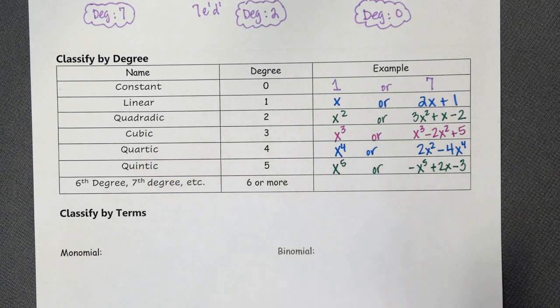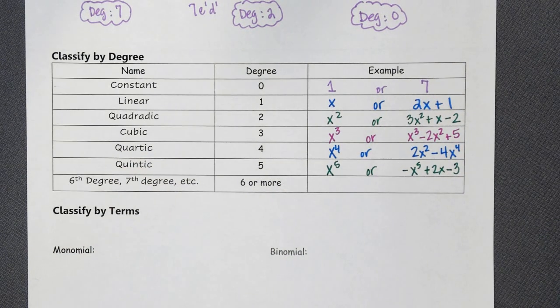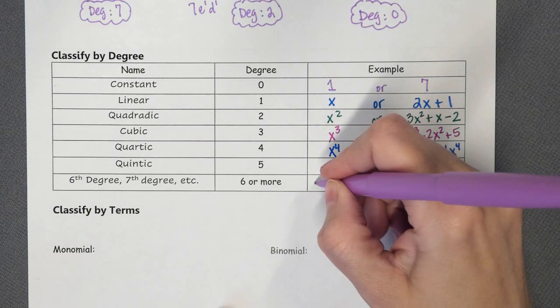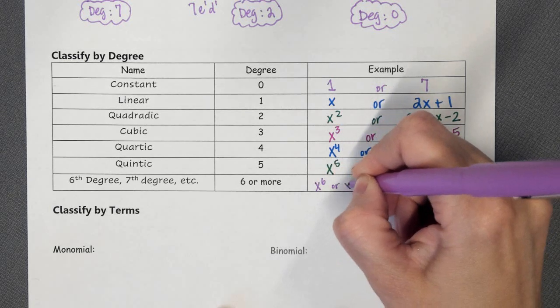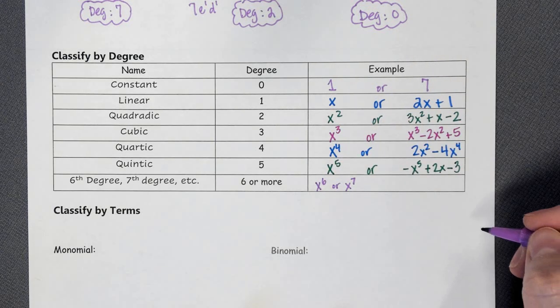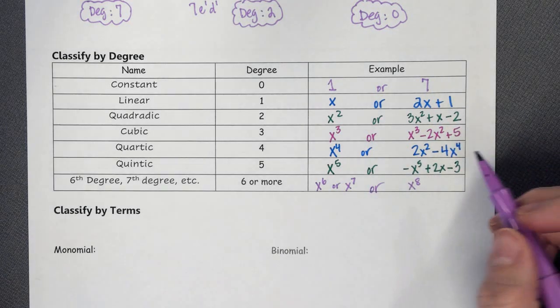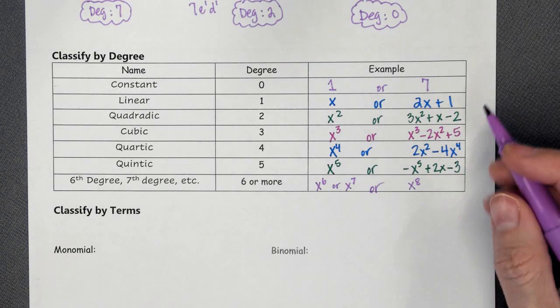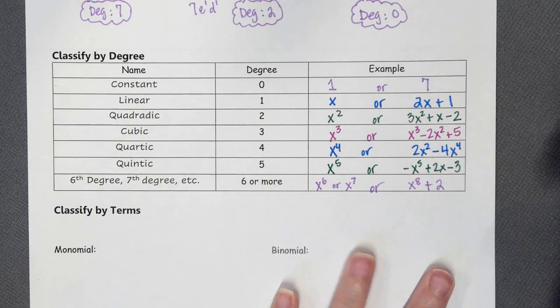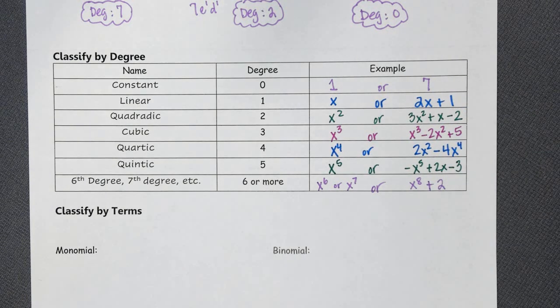The quint means 5. Then there's 6th degree, 7th degree, it just keeps going. So you could have x to the 6th or x to the 7th. And again, you can have numbers with those as well, and other variables.